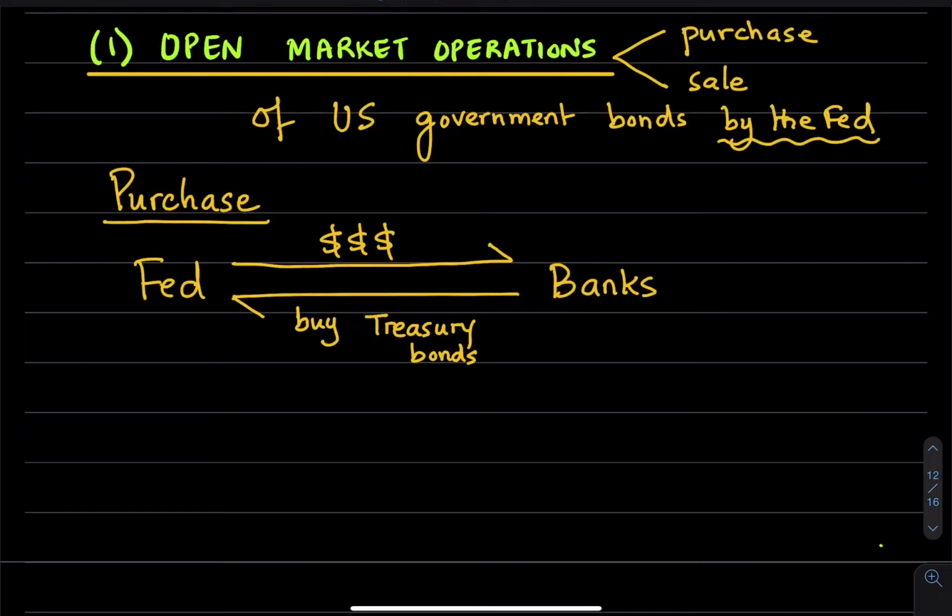So the banks are going to receive this money, and banks are going to have more liquidity on their balance sheets, and banks would be able to make more loans. And as they're able to make more loans, we've seen that the money supply in the system would increase. So one way the Federal Reserve is able to increase the money supply is by doing what we call an open market purchase.